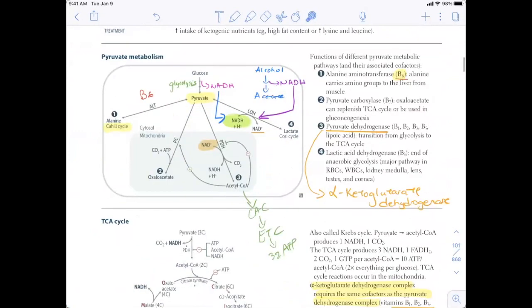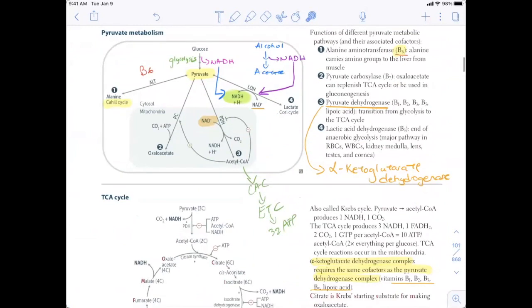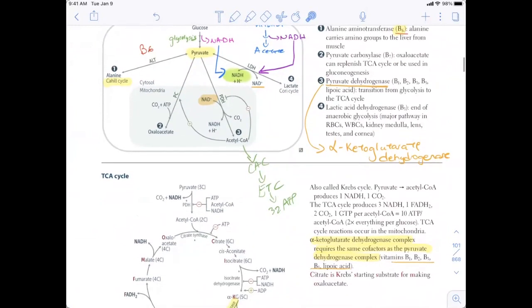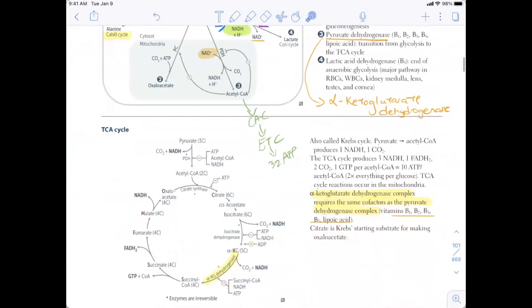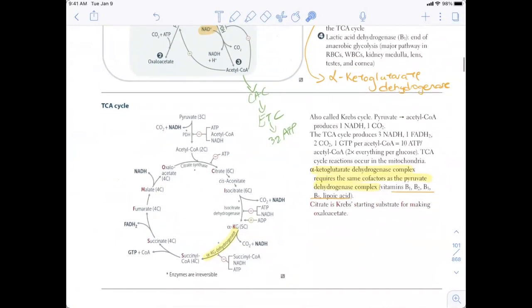All right, let's go over to your citric acid cycle, okay? It's a continuation of everything. So once again, if you link it together, we know that once upon a time, we had glucose. Glucose changed to pyruvate, and that process is called glycolysis.